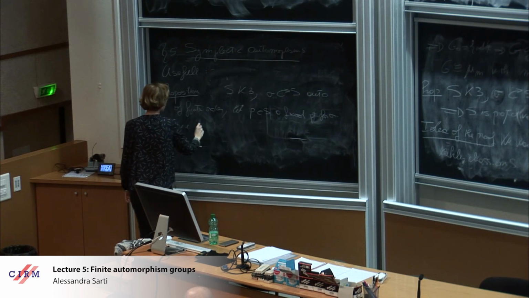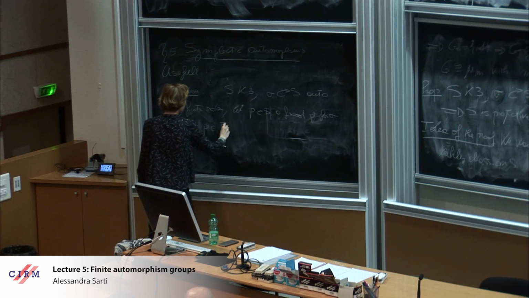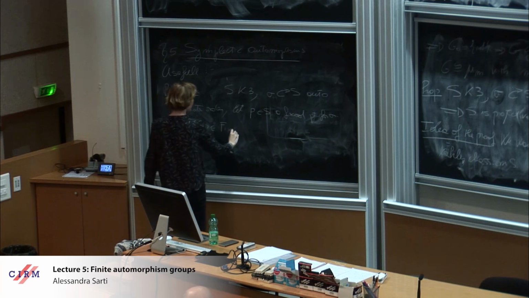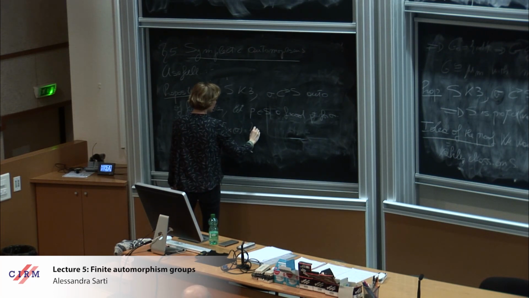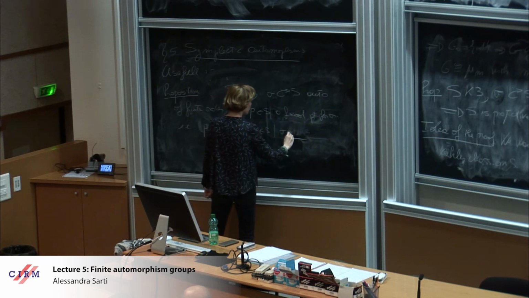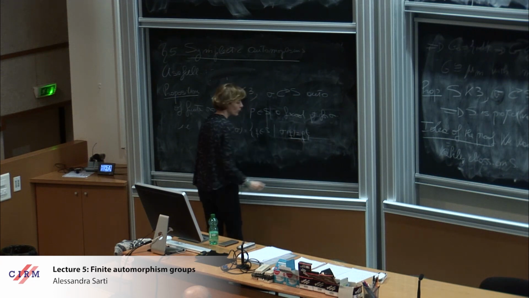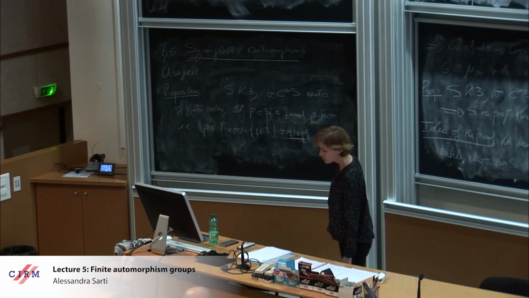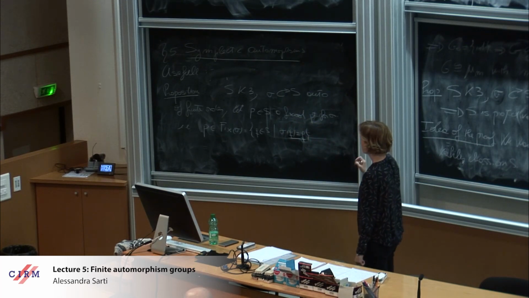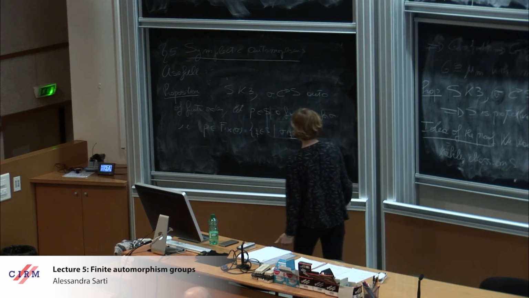So let me recall some definition: this means that P belongs to the fixed locus, the points in S such that sigma of Q equals Q. Then at such a fixed point, you can change coordinates. You can look at your automorphism locally, and locally you can find coordinates so that sigma is given by a matrix in the general linear group.